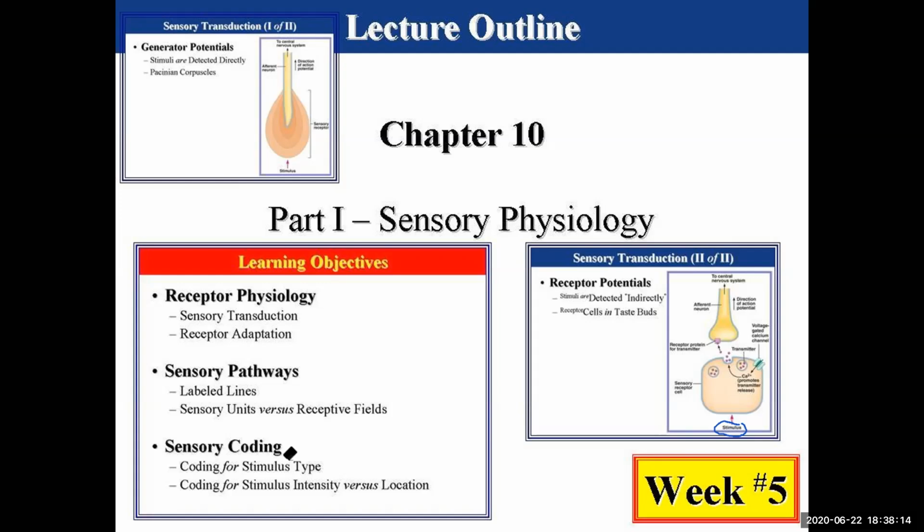How is that information being sent and decoded by the brain for perceiving our sensory pathways, like conscious awareness of the four general senses and the five special senses? All of that requires proper sensory coding. So that's part of today's lecture. So with that said, let's get this thing started.